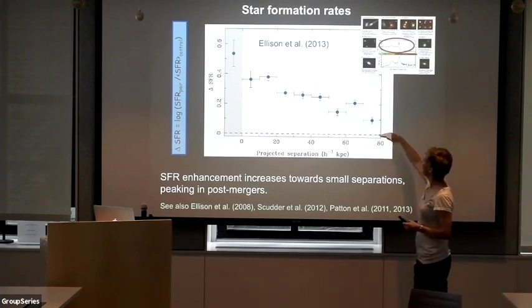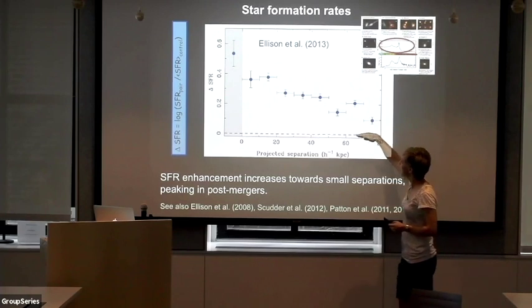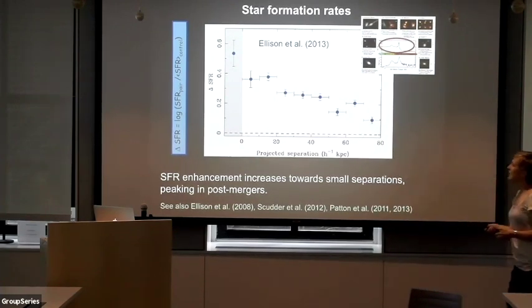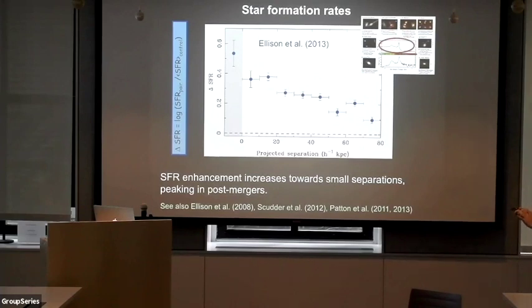So if the mergers had the same star formation rates as the control, they would be at this 0 line. So what you can see again is that we have this increasing trend, that we have an enhanced signature, this time in the star formation rate boost, as you get to closer separations. And that the boost in the star formation rate is the highest in the post-mergers.